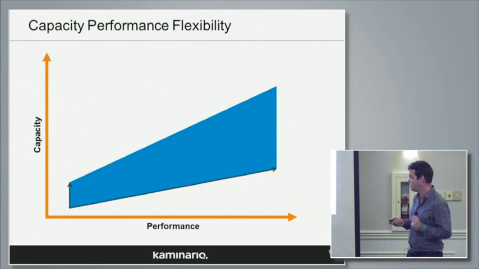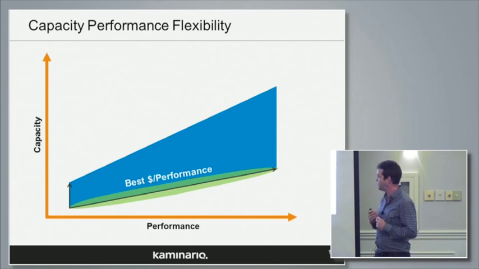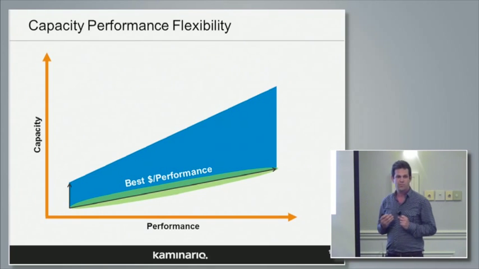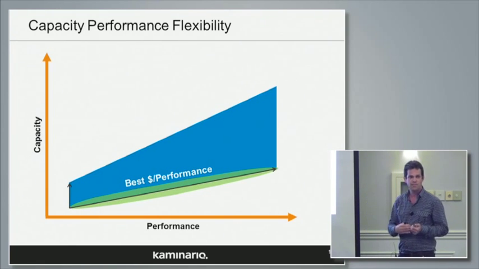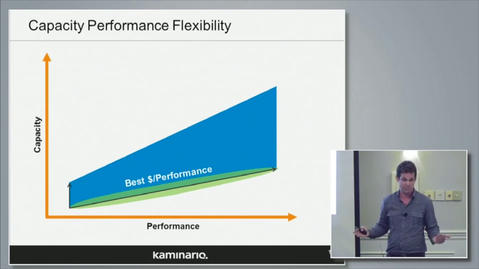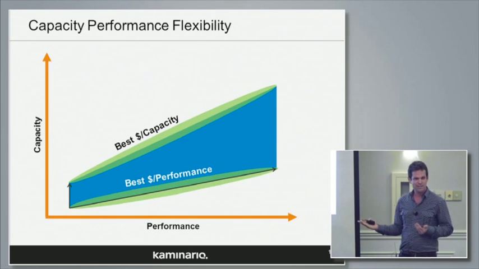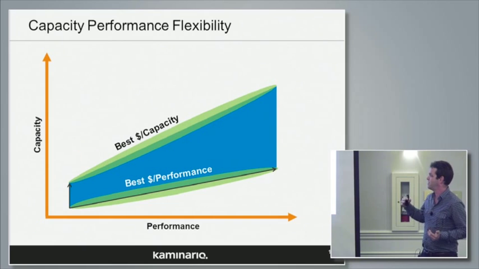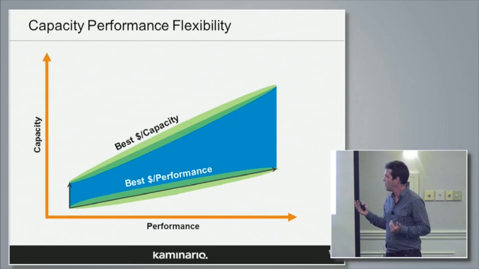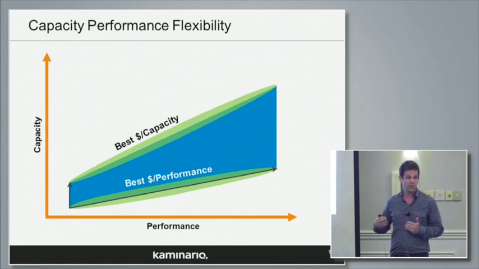So these systems tend to be more expensive. And yes, you can get the best price per performance with a system that has many controllers and a small amount of storage per controller. The best price per capacity is a system that can scale out with high capacity attached to each node.